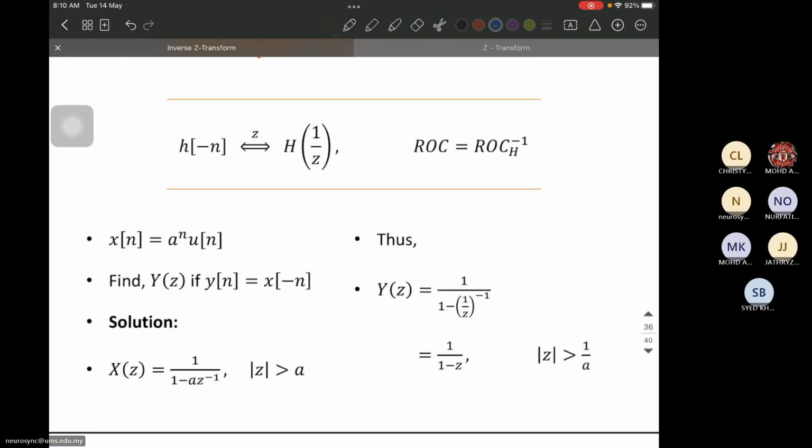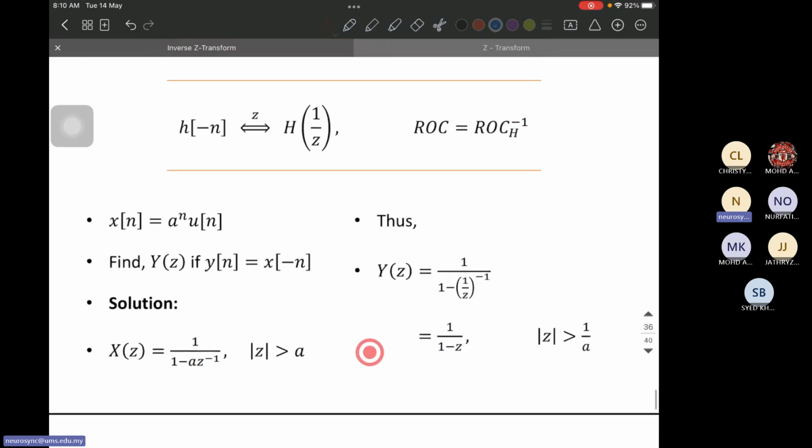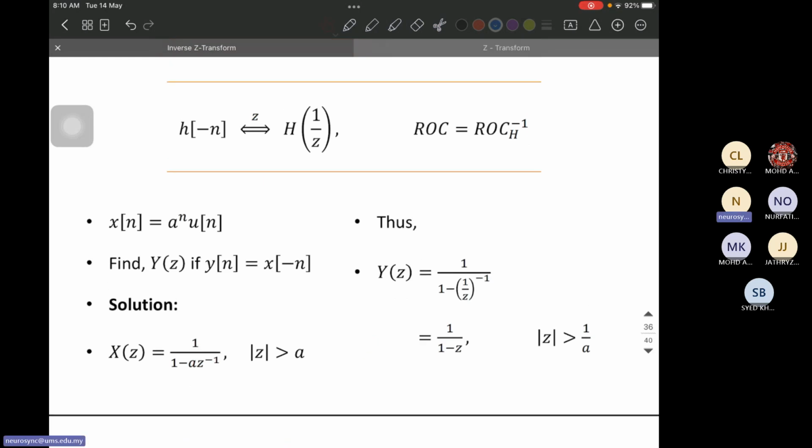Now a factor is missed out here. So instead of z here, write 1 by z. So this is 1 divided by 1 minus a into 1 by z. So a is missing here, you can write it here.